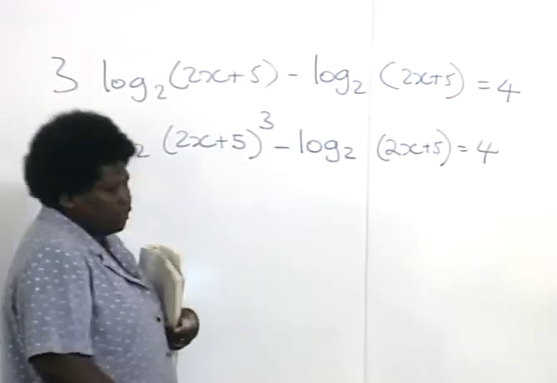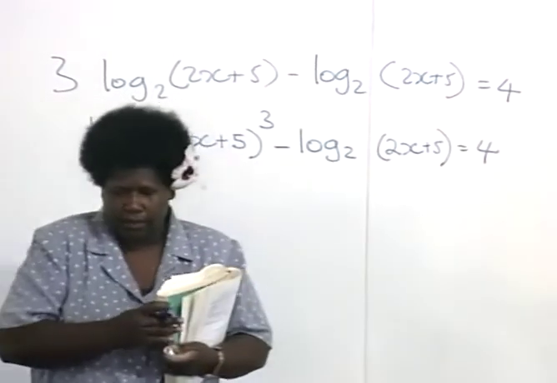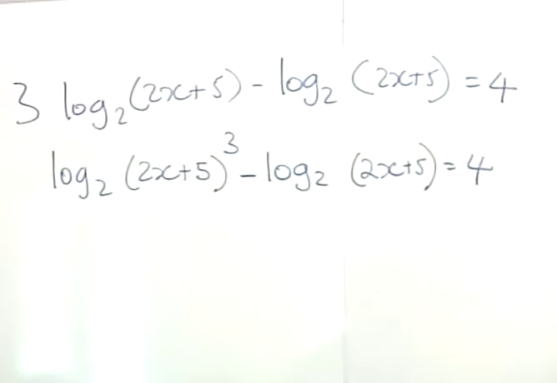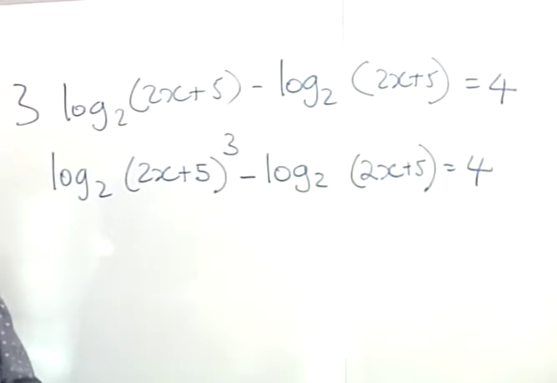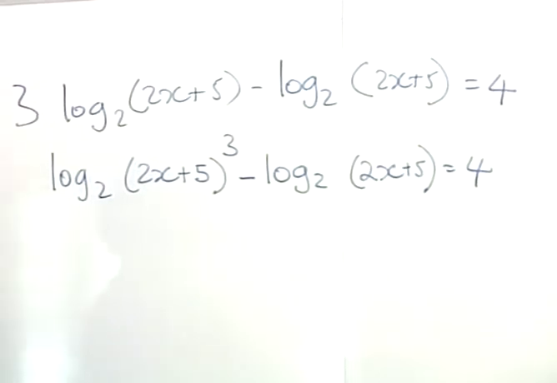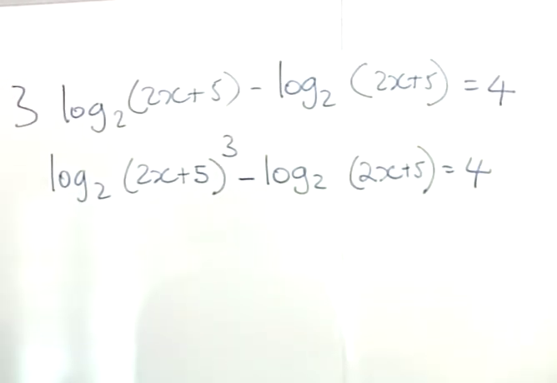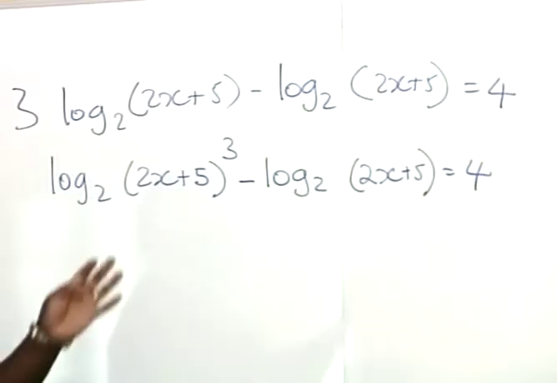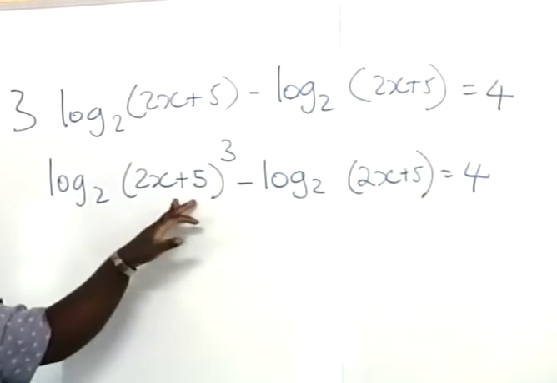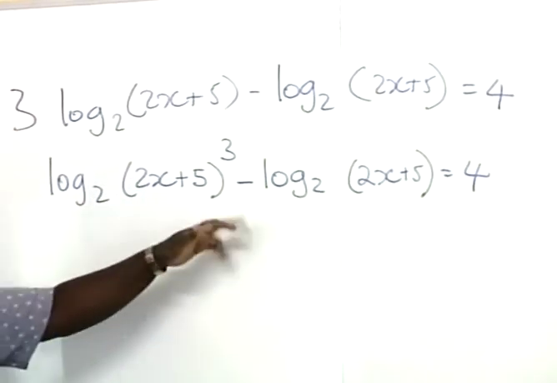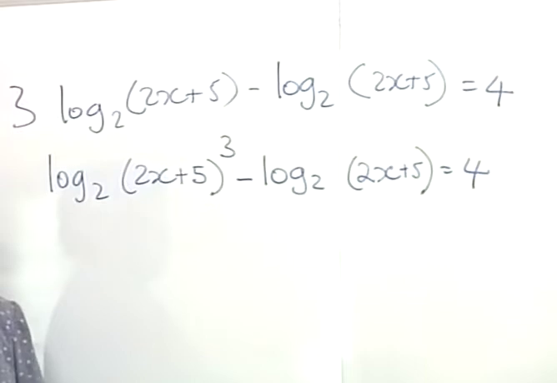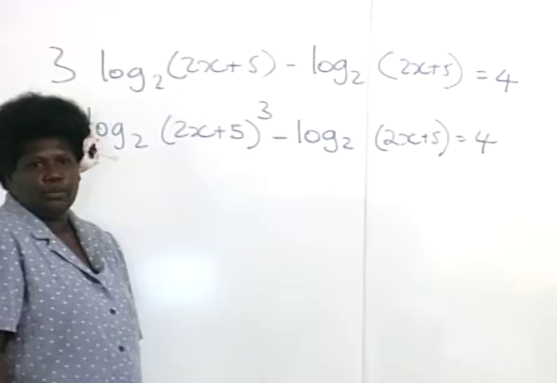What's the equation going to be, given that log of 2x plus 5 cubed base 2 minus log of 2x plus 5 base 2 is equal to 4?